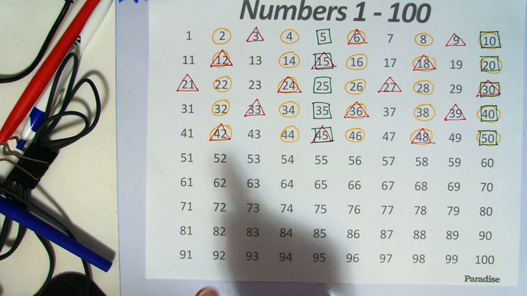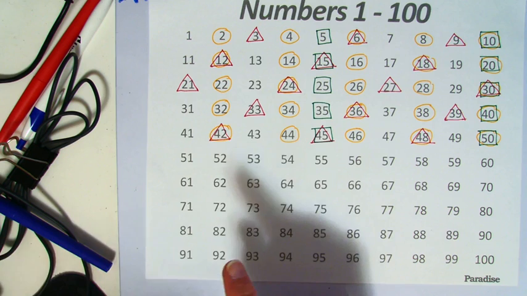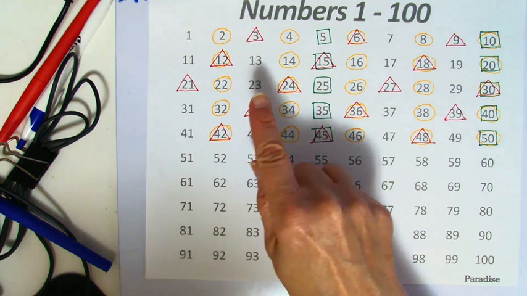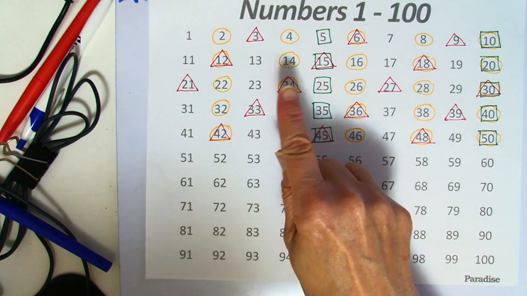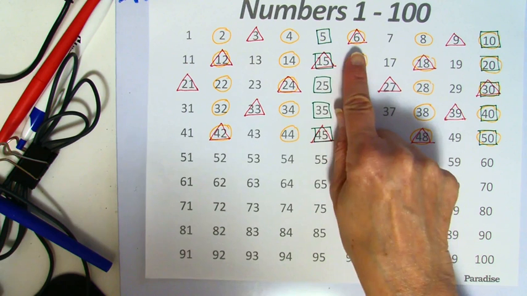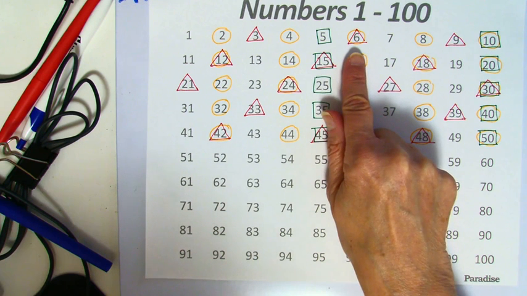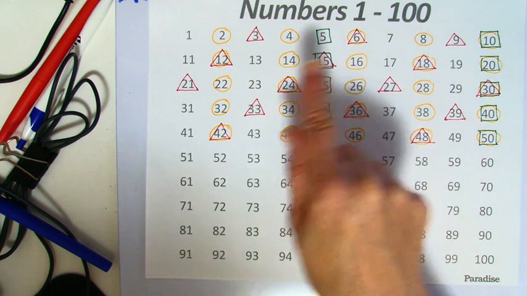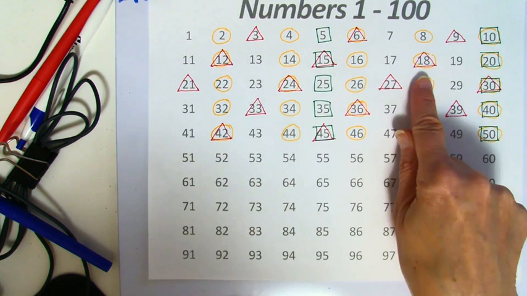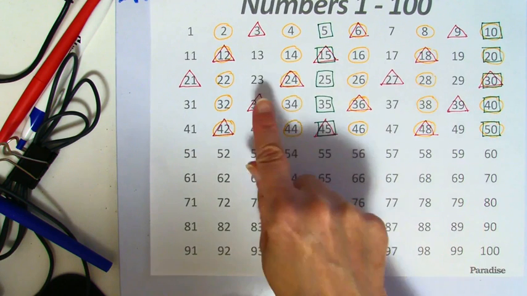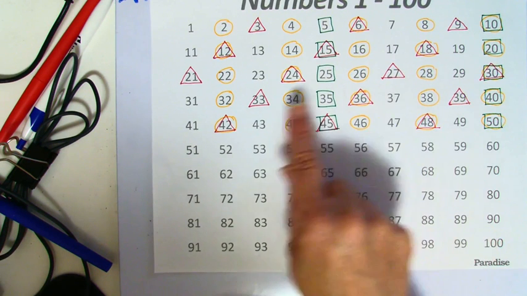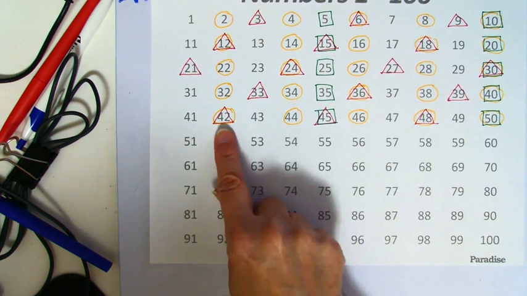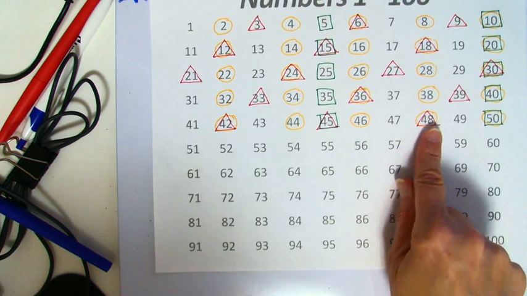If you look on my chart, I know that they're divisible by 2 because they have circles around them, and I know that they're divisible by 3 because they have a triangle around them. You can see that the first number that's divisible by 6 is 6. And we know that the multiples of 6 are 6 and 12 and 18 and 24 and 30. And we could keep going. We're going to get to 36, 42, 48, and so on.